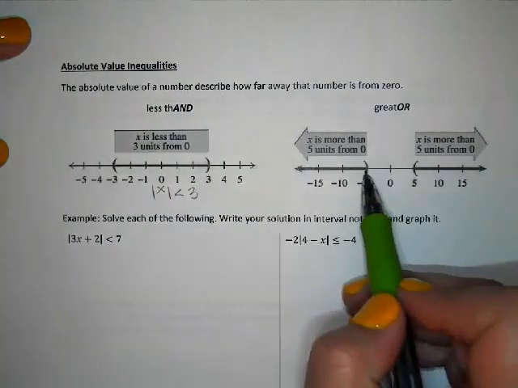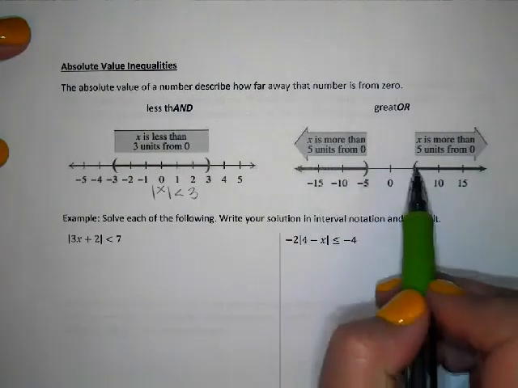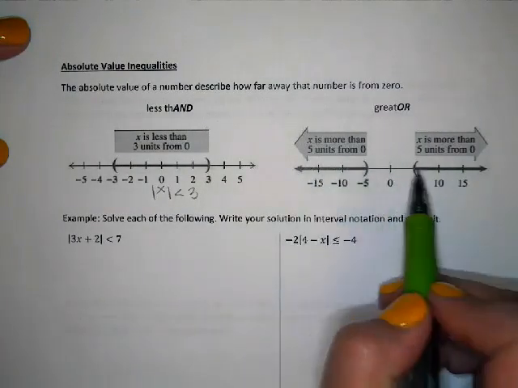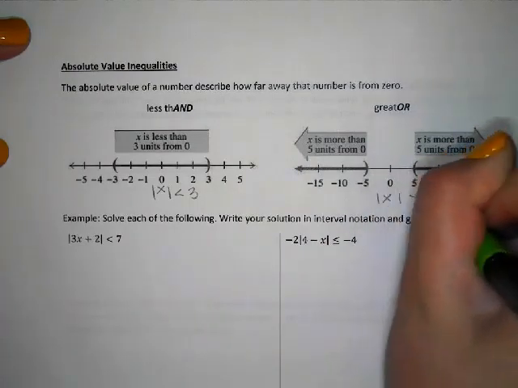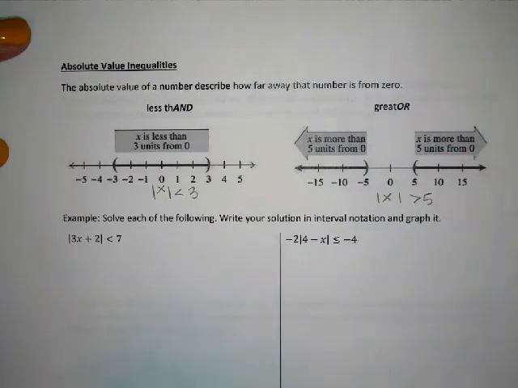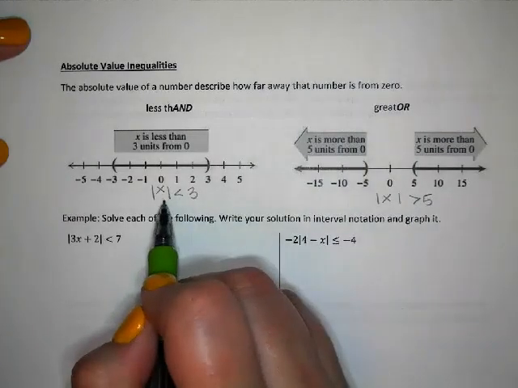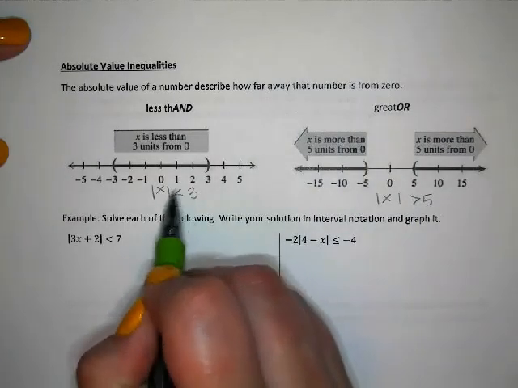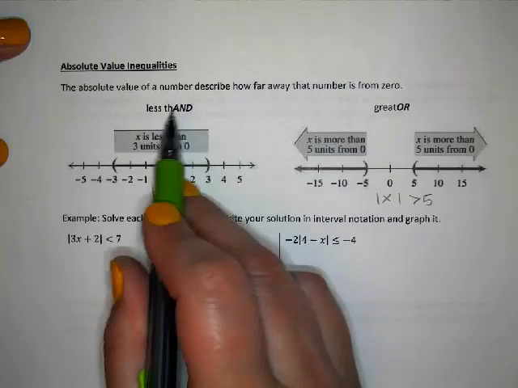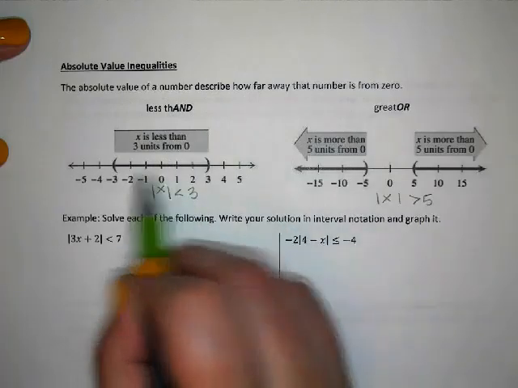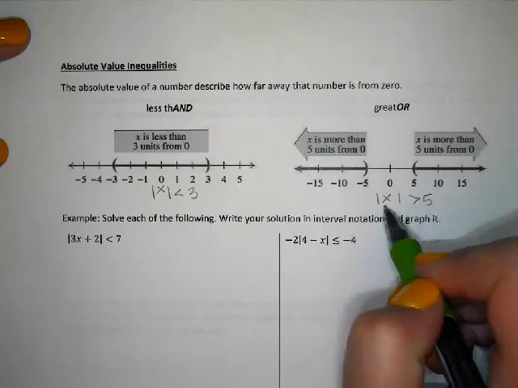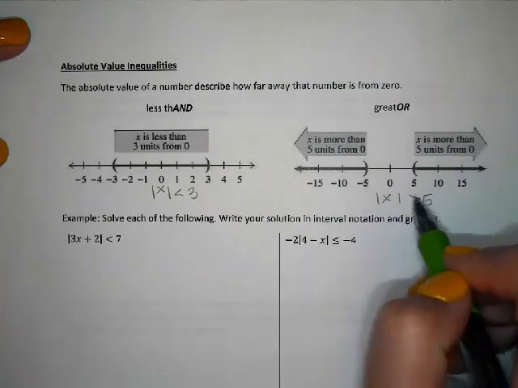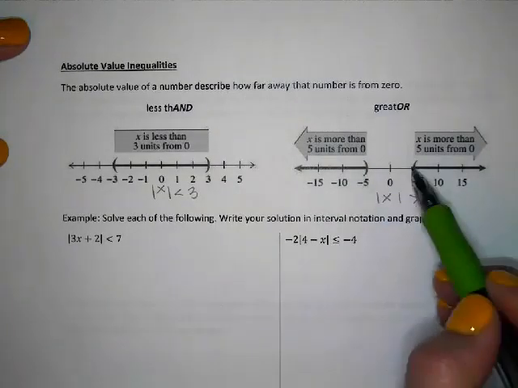Here, this is saying that x is greater than 5 units away from 0. So if you have an absolute value problem and your symbol goes this way, it's a less than problem. It makes a sandwich with the answers. If you have this type of symbol, it's a greater problem. It's greater than, and the answers go one direction or the other.